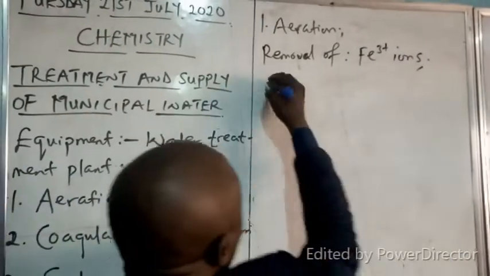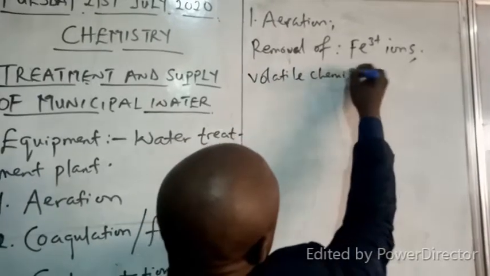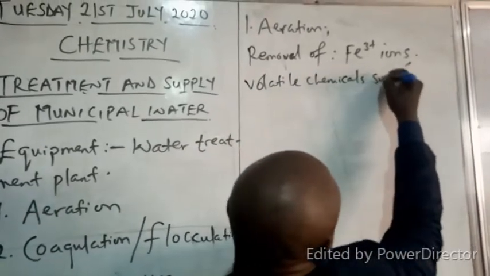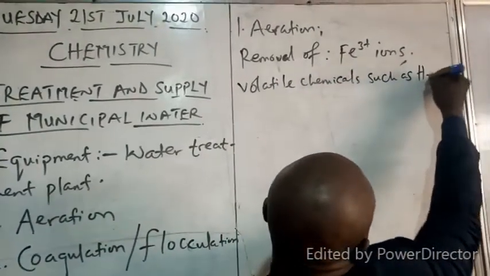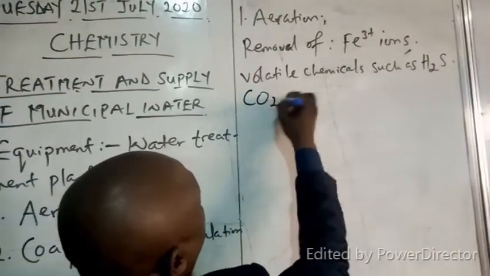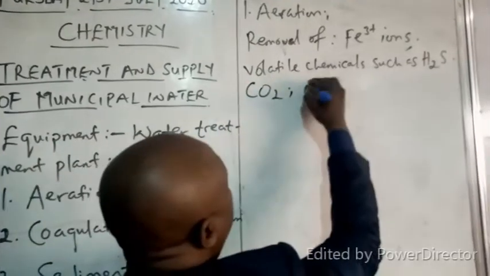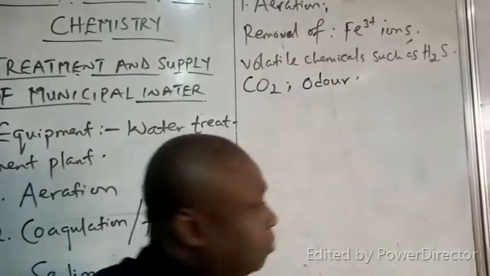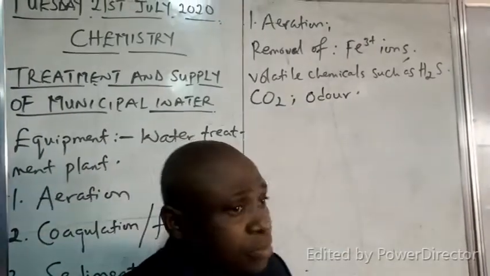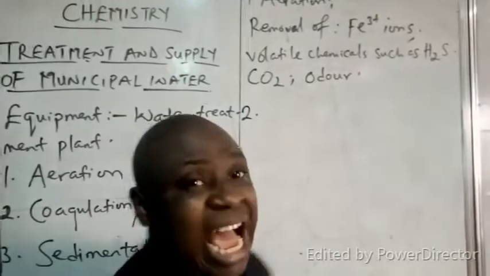Then volatile chemicals such as hydrogen sulfide are also removed. CO2, which is carbon(IV) oxide, is also removed. And the last one is odor. So when this is done, the water is passed on to the next stage, into a large tank.